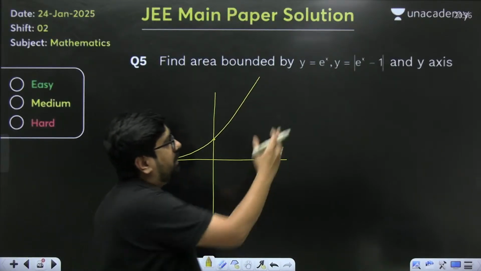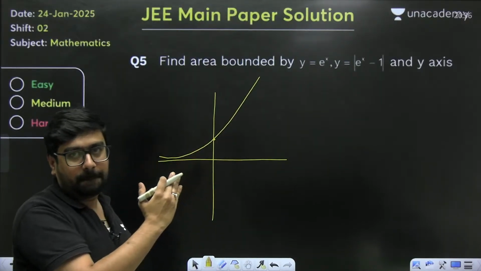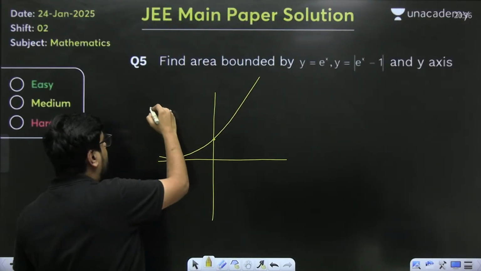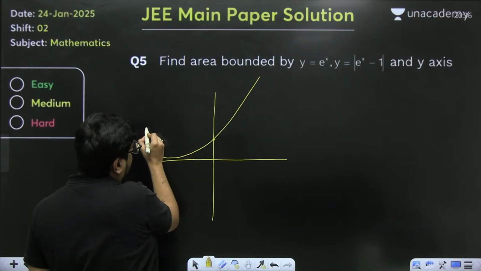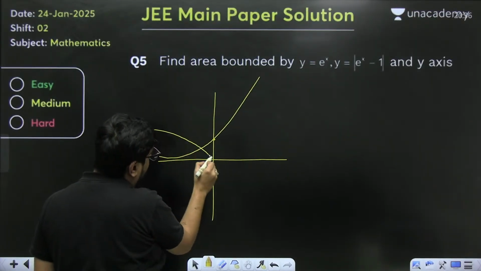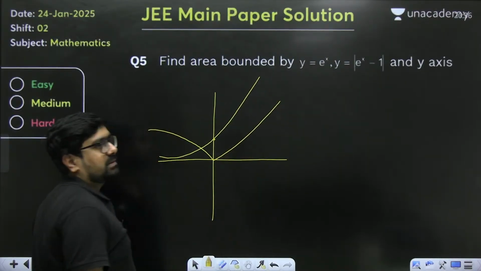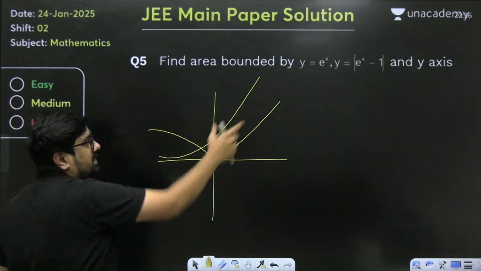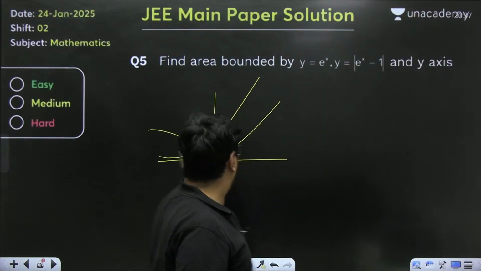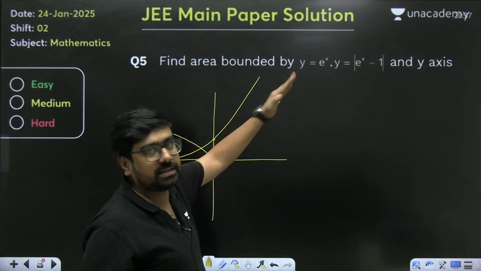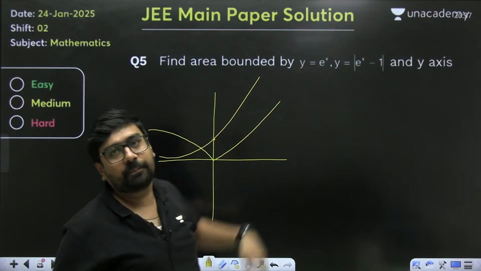Y equal to e to the power x minus 1, right? It will come somewhat like this and then it will go like this, because mod is there, no? It could have gone down, but because mod is there, this part is also going to go up.